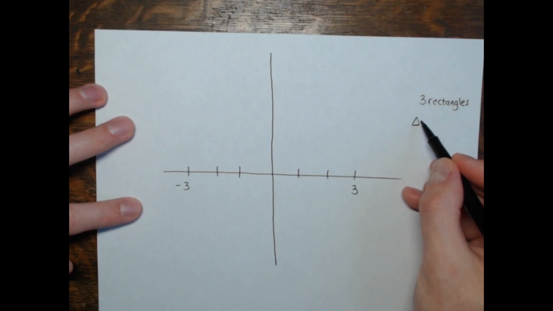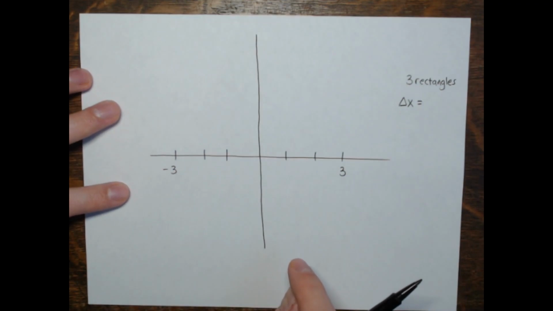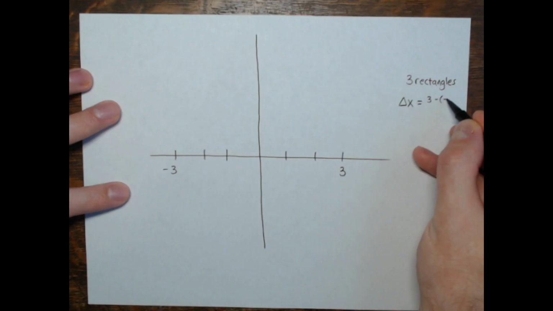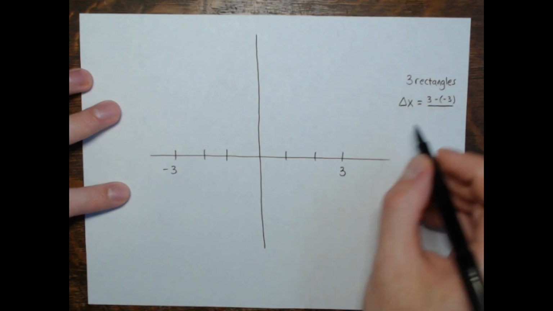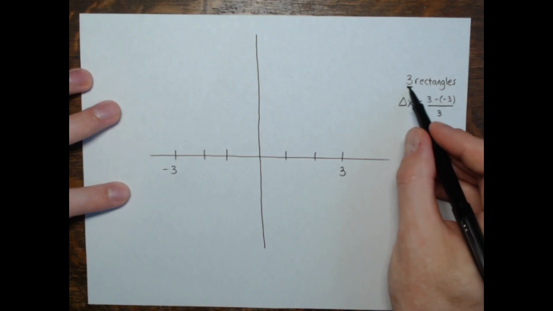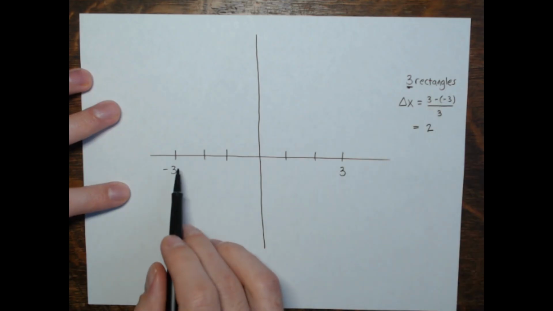So the change in x, the width, is how wide each rectangle will be. You take the length of the interval, which would be 3 minus -3, right, which is 6 units long, and then cut this into 3 pieces, right? We want 3 rectangles. So that's 6 divided by 3. So each of these will be 2 long.